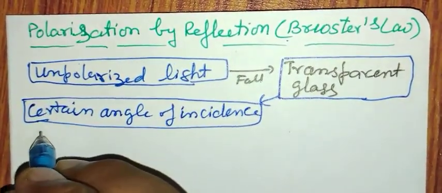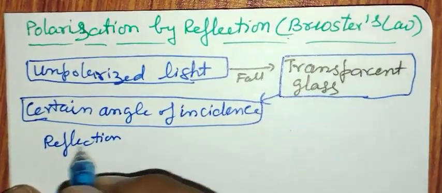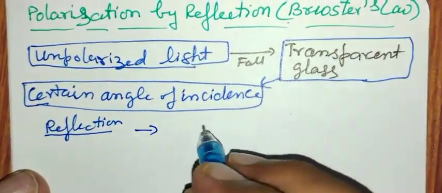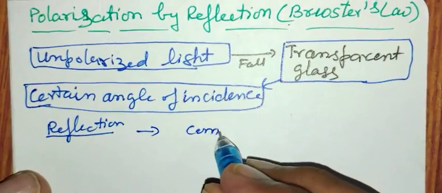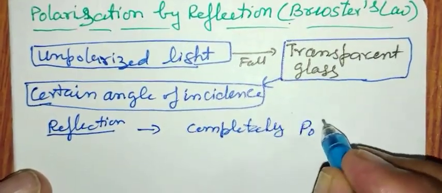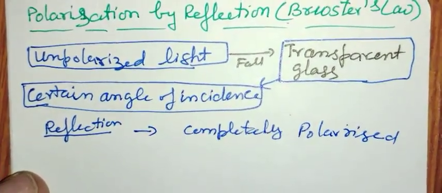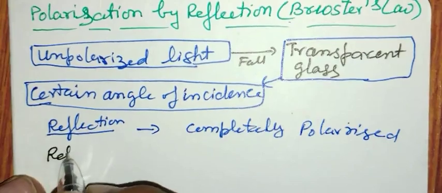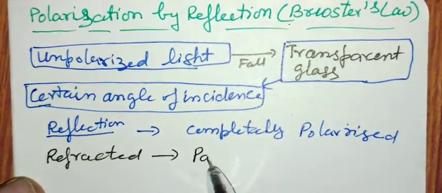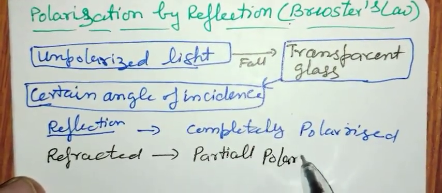So in that condition, this reflected light is completely polarized, whereas the refracted light is partially polarized.